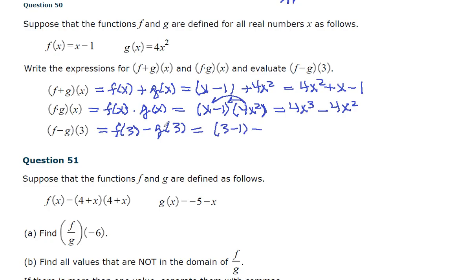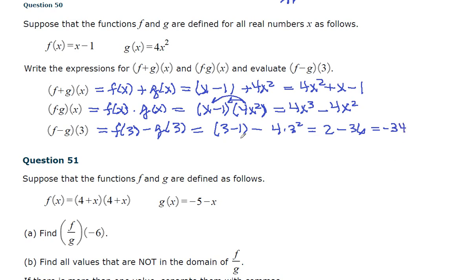And then we're going to subtract g plug in 3. So 4 times 3 squared. So 3 minus 1 is 2, minus 3 squared is 9 times 4, 36. And 2 minus 36 is negative 34.